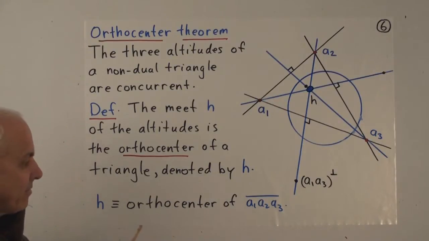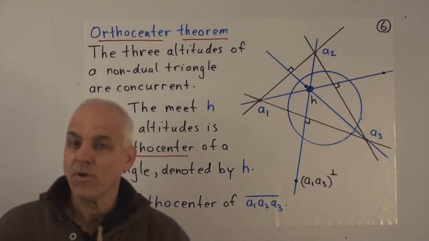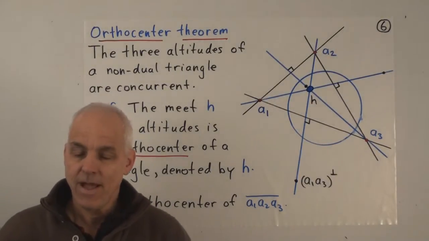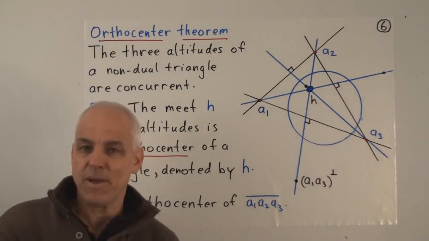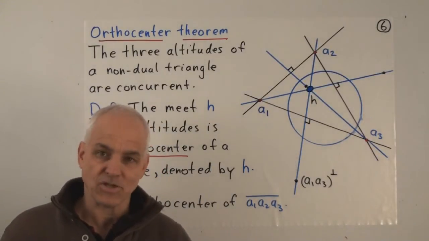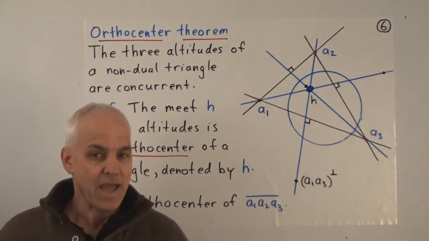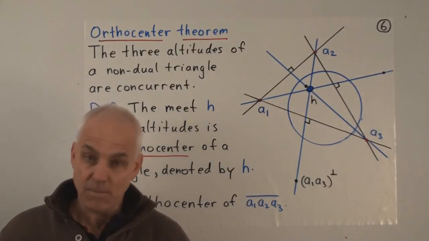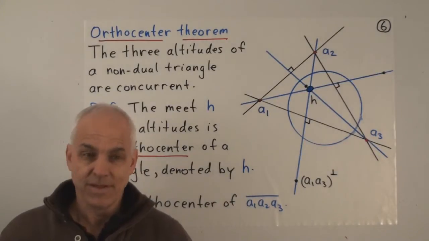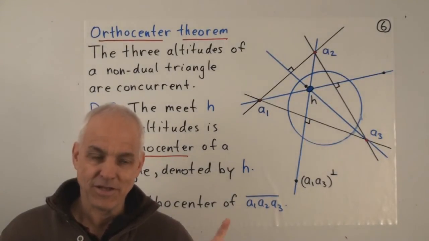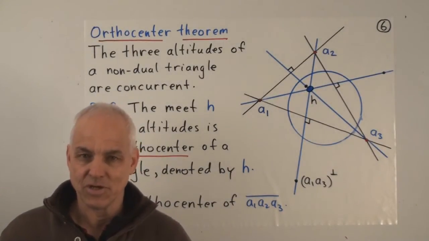Now that's an obvious analog of a well-known theorem in Euclidean geometry. And in Euclidean geometry, this theorem has an interesting history. It goes back to the ancient Greeks, but it was actually a favorite of many people. So Gauss established a proof of it. It turns out this theorem is not so easy to prove, even in Euclidean geometry.